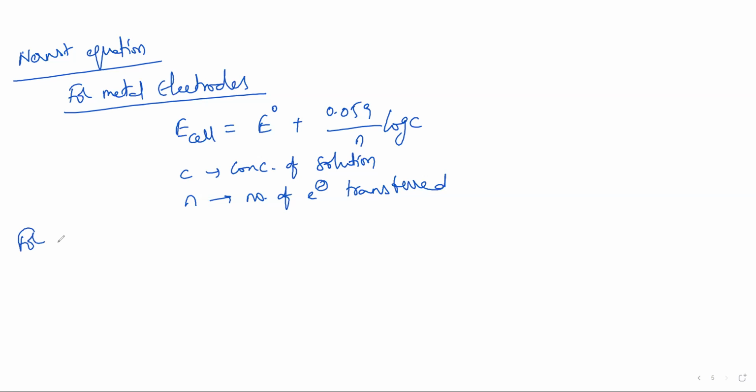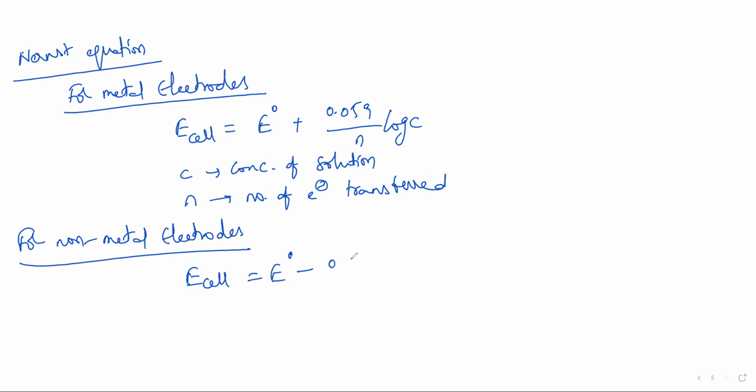For non-metal electrodes, the EMF of the cell is E naught minus 0.059 by n into log C. So this is for non-metal electrodes.